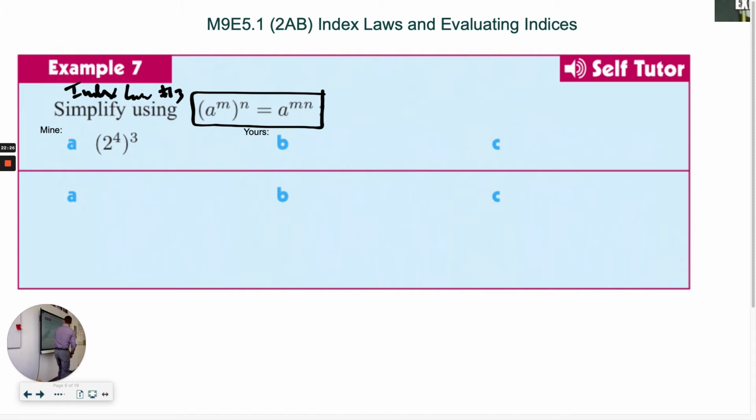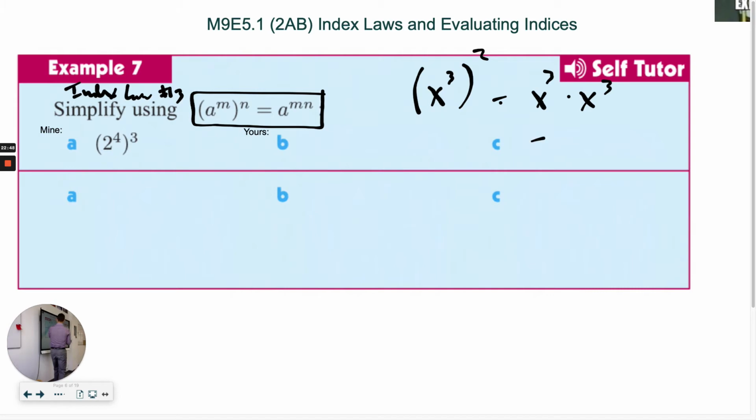So if you have, I'll give you an example, let's do it with x's. X cubed. This is a power, and then you have a power of that. That's gross. But all that means is I have x cubed times itself twice.